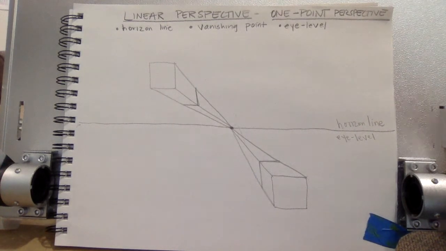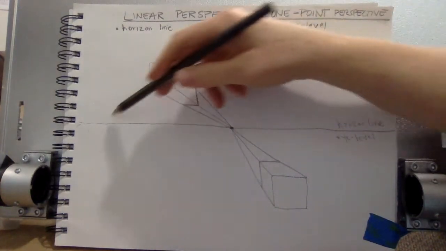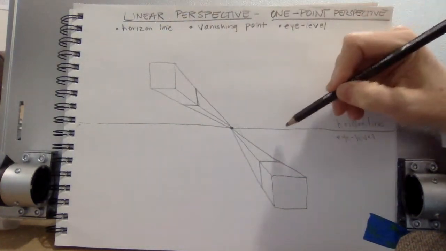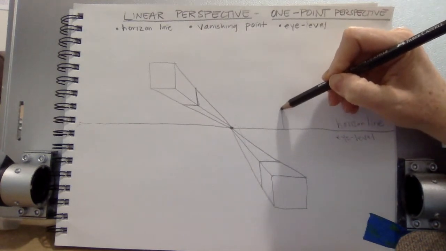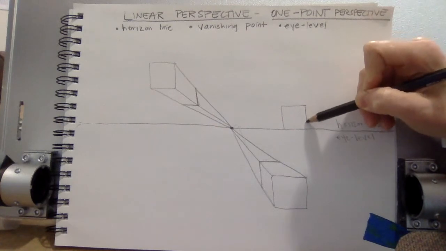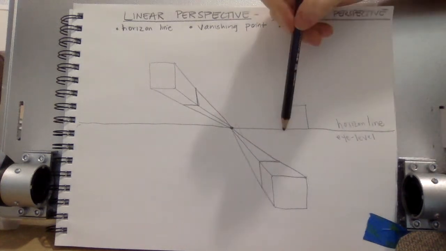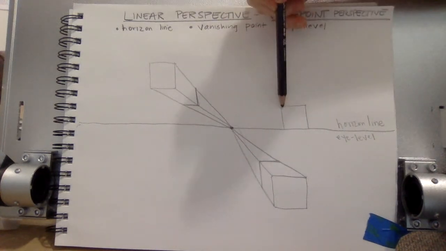All right, now what happens if we put it right on the eye level? So let's put a square anywhere on the line, like sitting right there on the line. Now, which corner can you connect to the vanishing point? The bottom corner is already connecting, and now just the top corner.